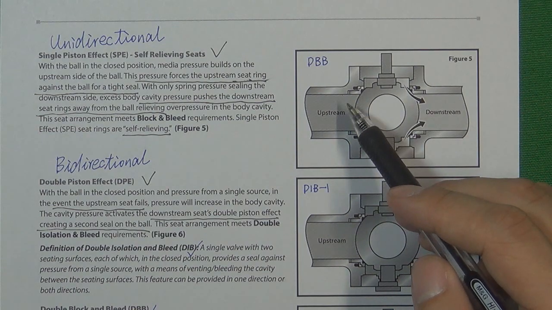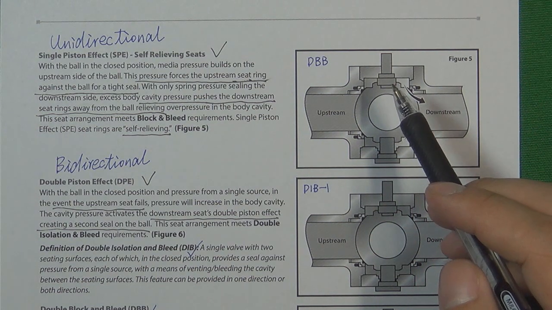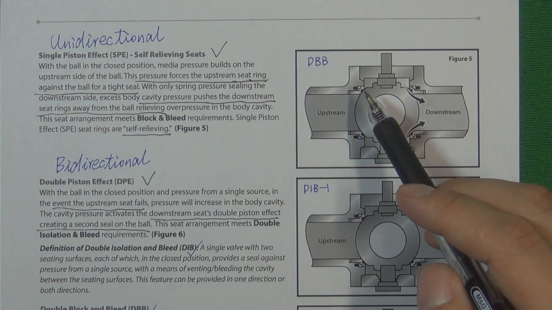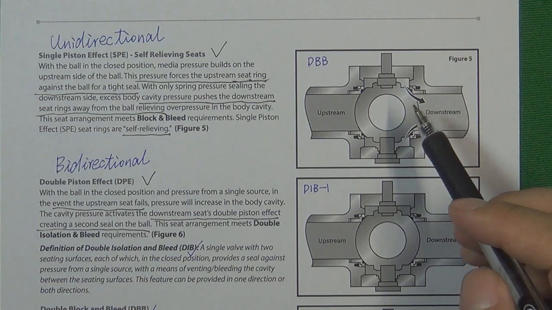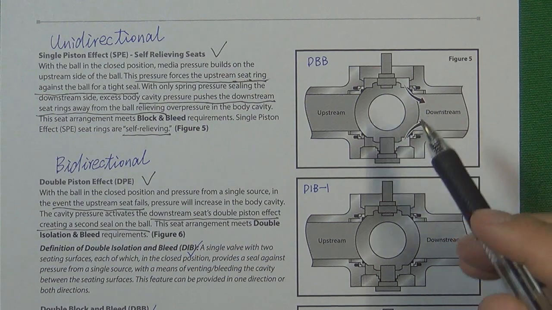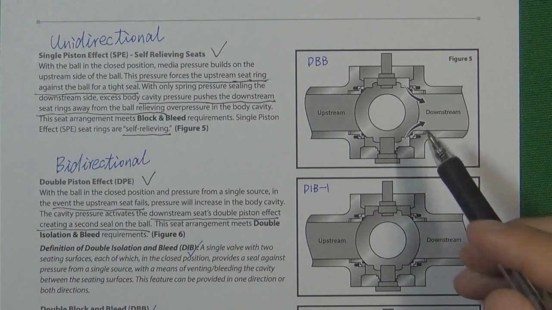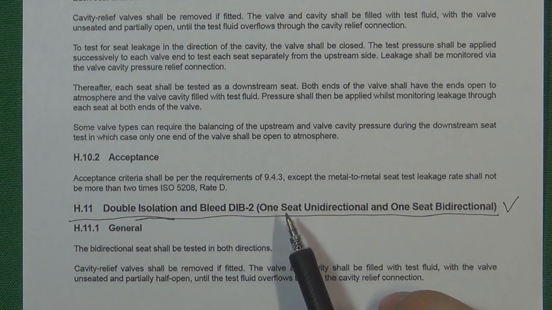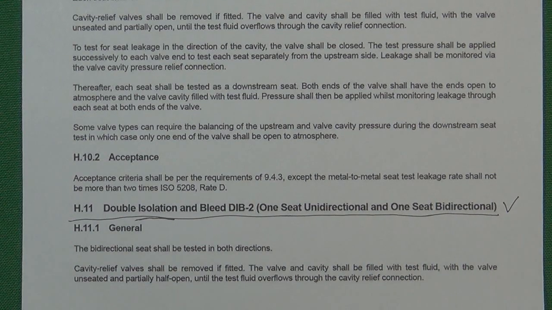It can relieve. That is an advantage. And this design has another advantage: if the upstream valve seat fails to work, the downstream valve seat can still hold the pressure inside the valve. The valve will not leak. So this design gets two kinds of advantages together. That is the reason we have the DIB type 2, one seat unidirectional and one seat bidirectional.